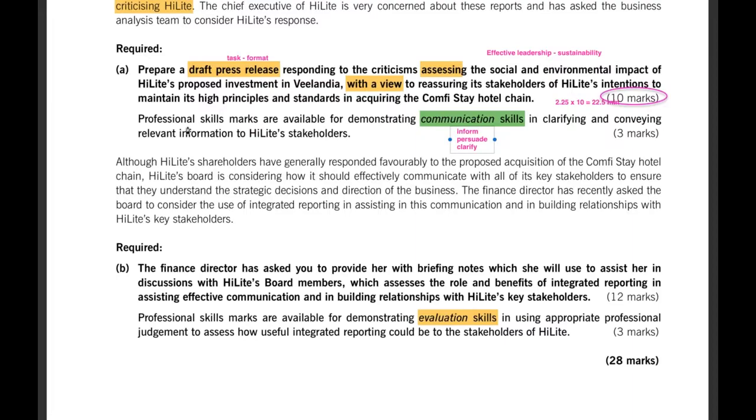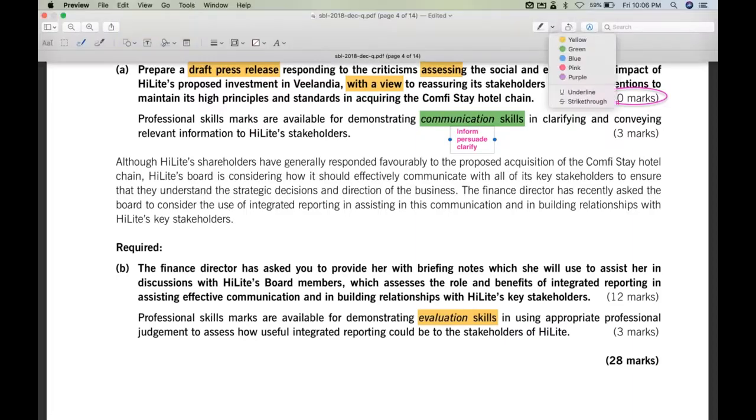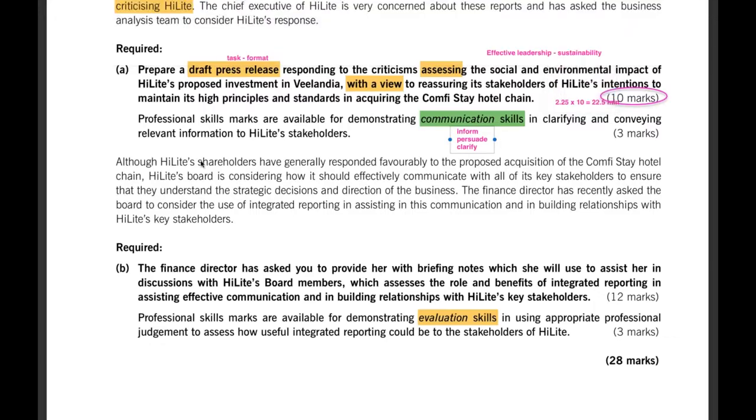Okay, so what you have here is that shareholders actually opposition of Comfy Hotel.